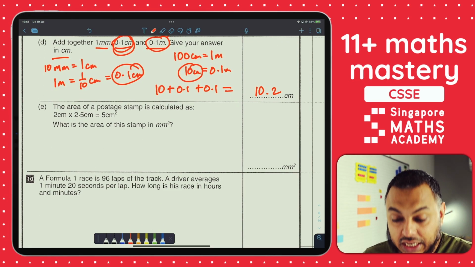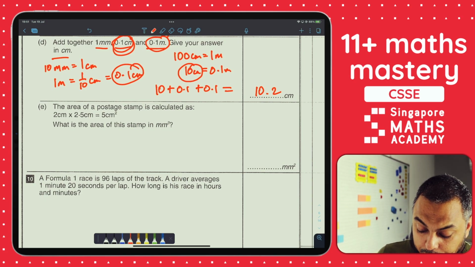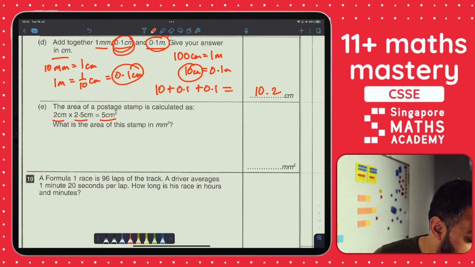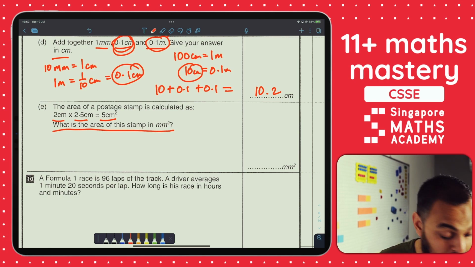Finally, question E for number 9. It says here, the area of a postage stamp is calculated as 2 centimeters times 2.5 centimeters, which is 5 square centimeters. What is the area of the stamp in square millimeters?